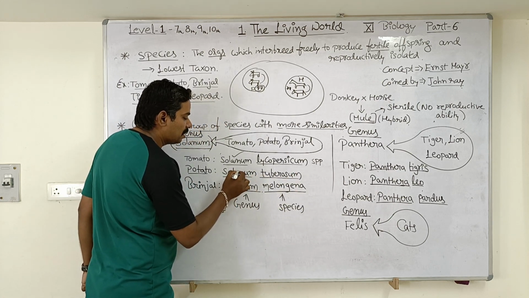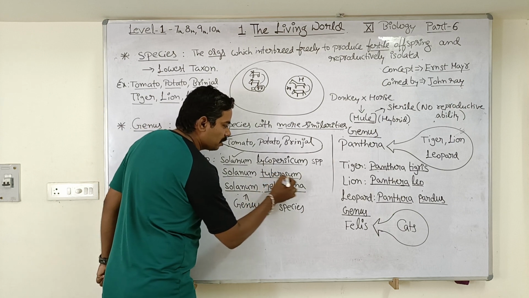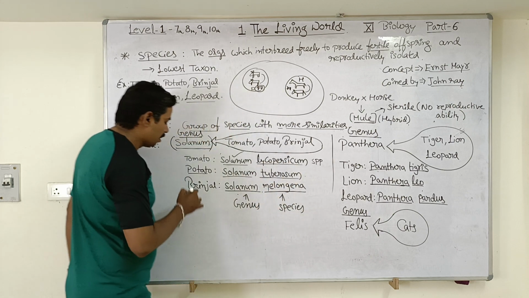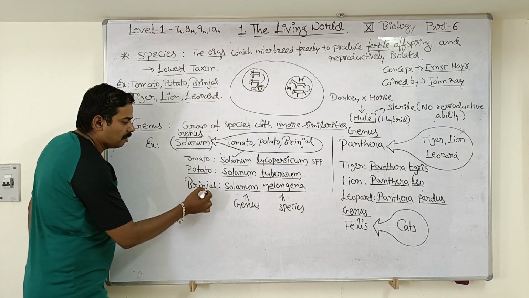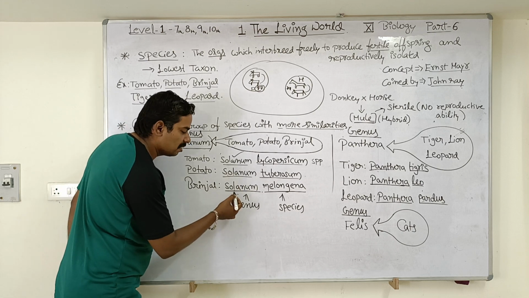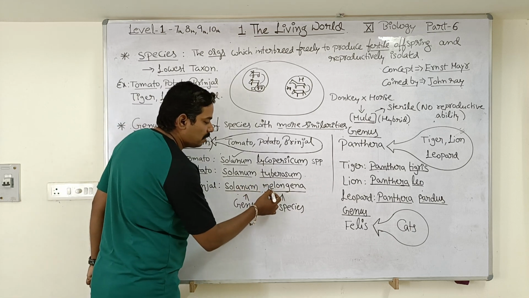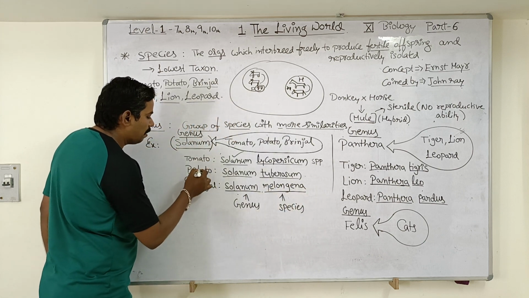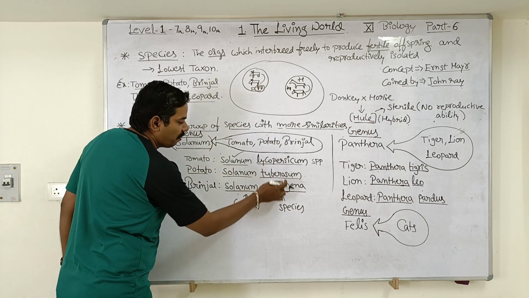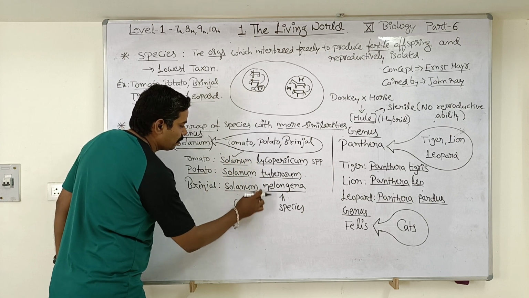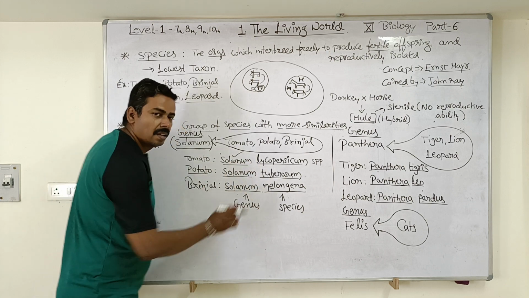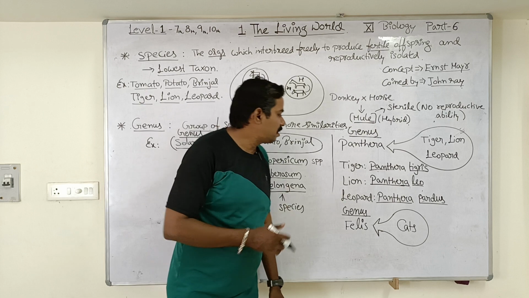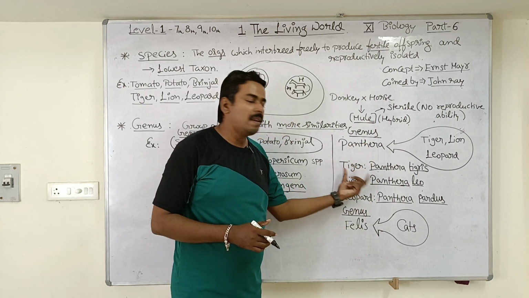Solanum represents the genus, tuberosum represents the species name. Scientific name of brinjal, Solanum, again the genus is same, and the species name is melongena. So like this, these three plants, even though they belong to three different species, the genus is same, that is Solanum. Understood?